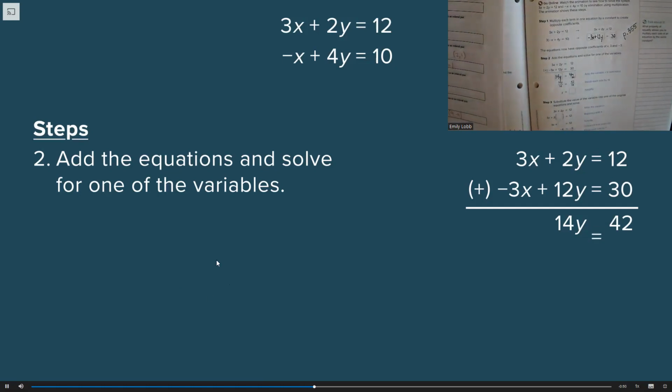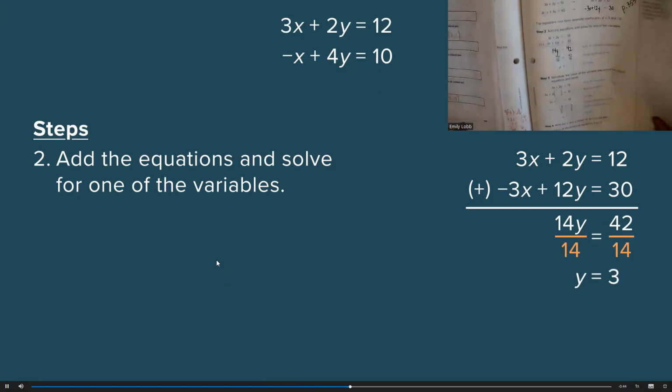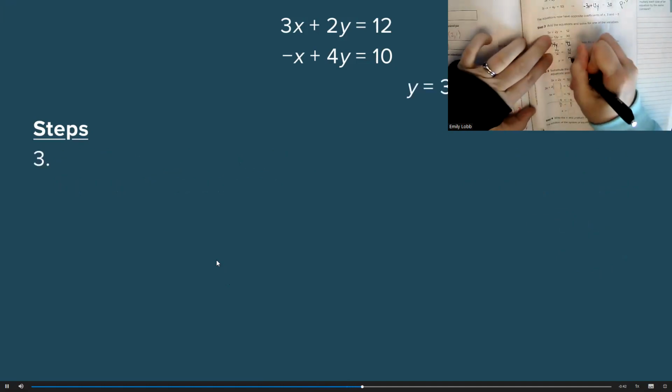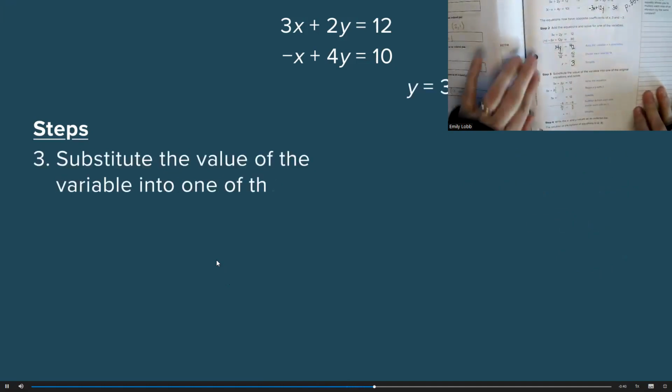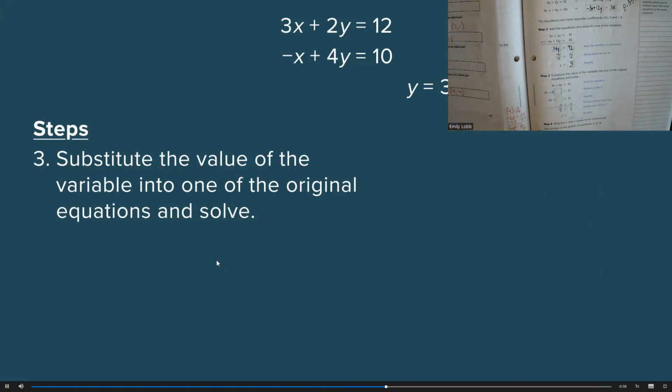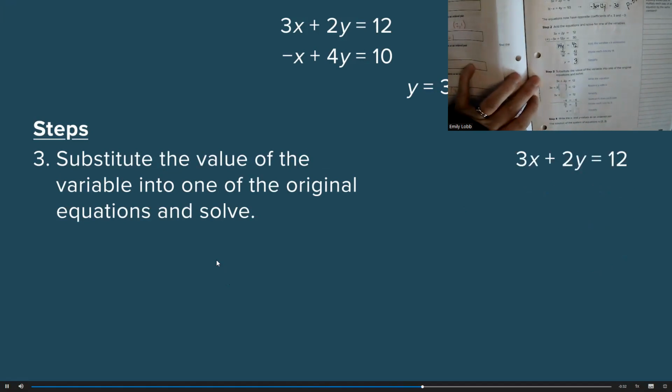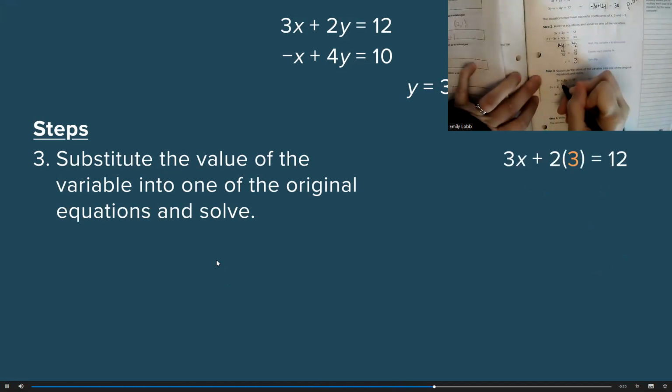Then solve for y by dividing each side of the equation by 14. Y is equal to 3. 3. Now that you know the value of y, you can solve for the other variable x using either of the original equations. Using the first equation, replace y with 3. 3. Now solve the equation.